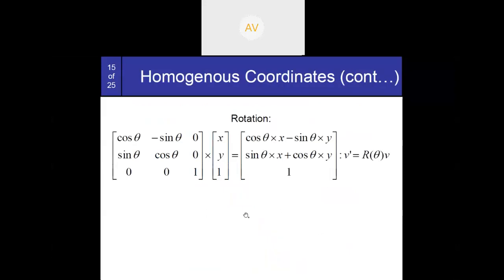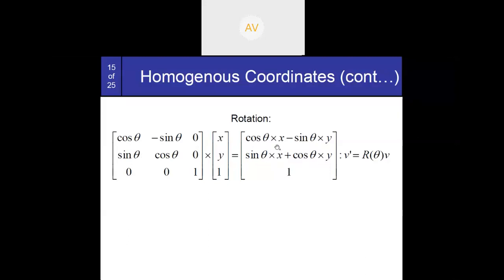Then the rotation matrix, see, cos theta, minus sin theta, 0, sin theta, cos theta, 0, 0 0 1. So this will be your original coordinates of vertices, and after multiplication with the rotation matrix, you will get the new coordinates of the rotated vertex.